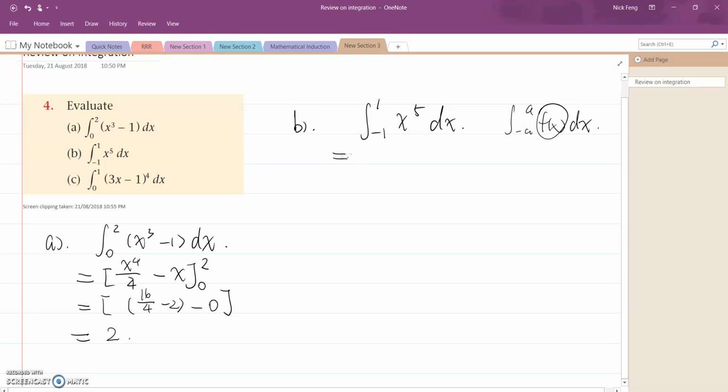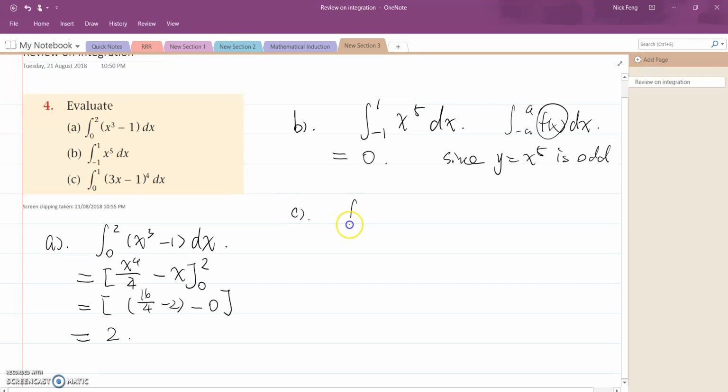Since x to the power of 5 is actually odd, therefore 0. Since y equals x to the power 5 is odd. So this is the symmetrical property. When the inside function is odd, if you integrate it from negative a to positive a.